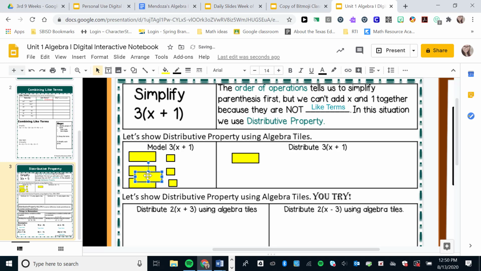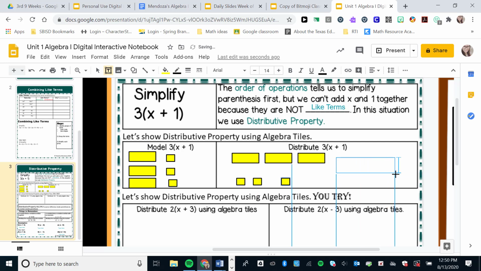Now I have 3 x's, and I have 3 1s. So once I distribute that 3, my new answer, and I'm going to insert a text box here, is 3x plus 3. Okay? So all I did was take this 3 and distribute. I separated my x's and I separated my 1s. And this is how we do it with algebra tiles.